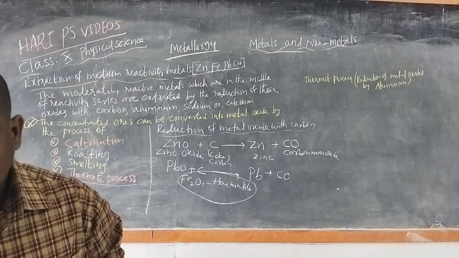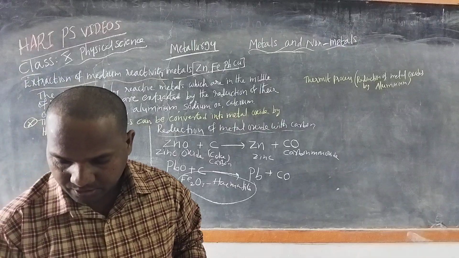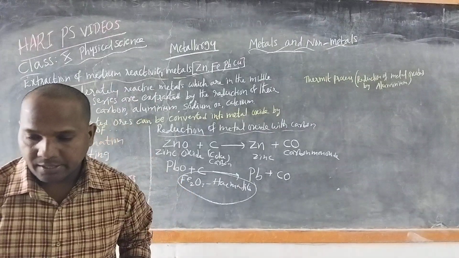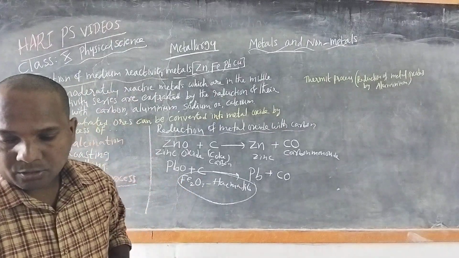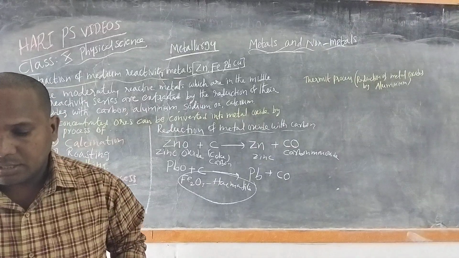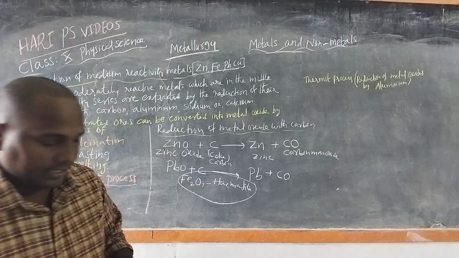The thermite reaction is one of the very important reactions. It is the reaction of a metal oxide to form metal by using aluminum powder as the reducing agent.